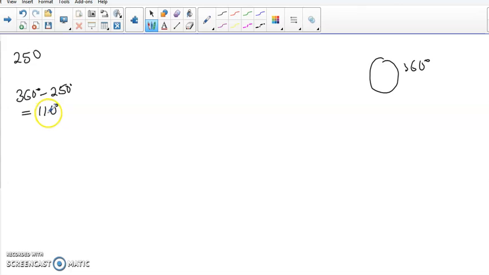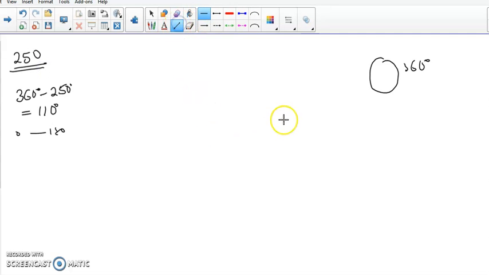So I will measure out 110 degrees, which is in between 0 to 180, in between this line. If I measure out 110 degrees, I will remove it from 360. The rest is 250. Mind you, I want to construct 250.